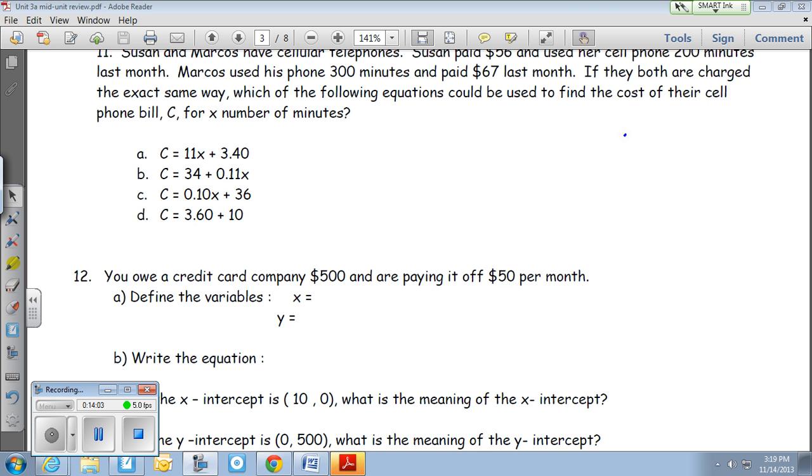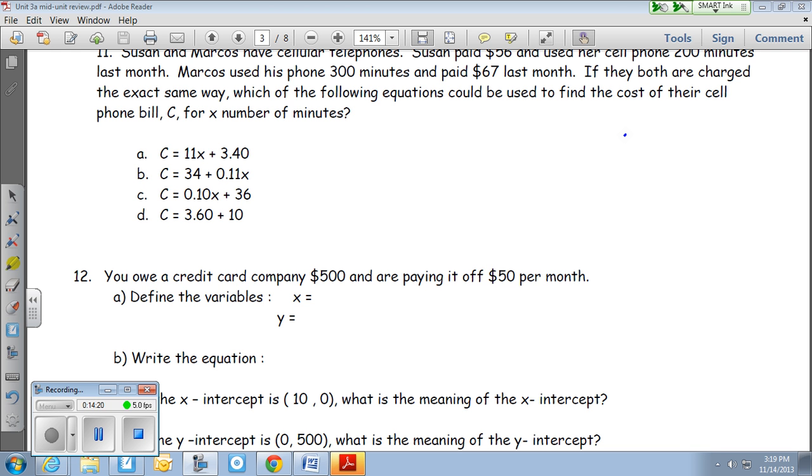All right, number 11, Susan and Marcos have cellular telephones. Susan paid $56 and used her cell phone 200 minutes last month. Marcos used his phone for 300 minutes and he paid $67. Those sound like points on a graph to me.